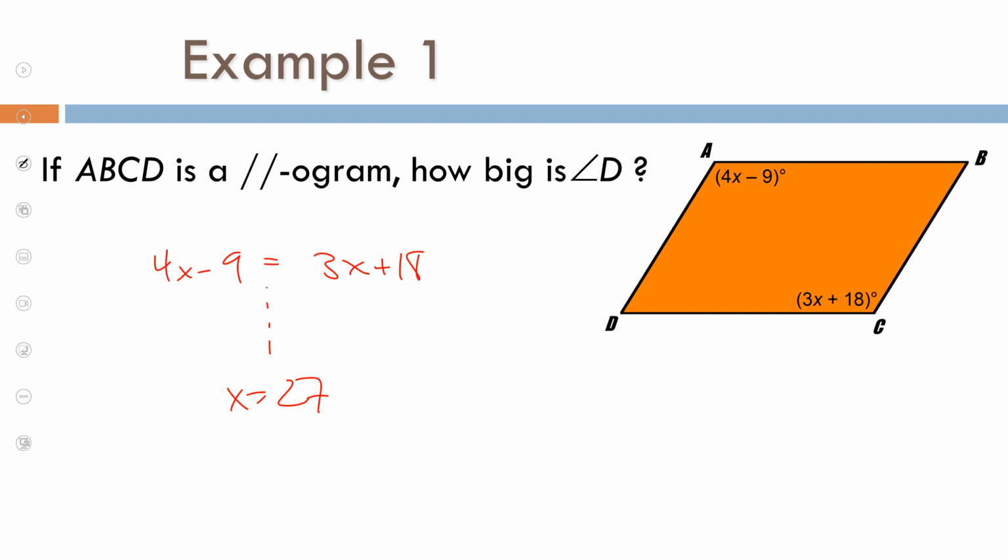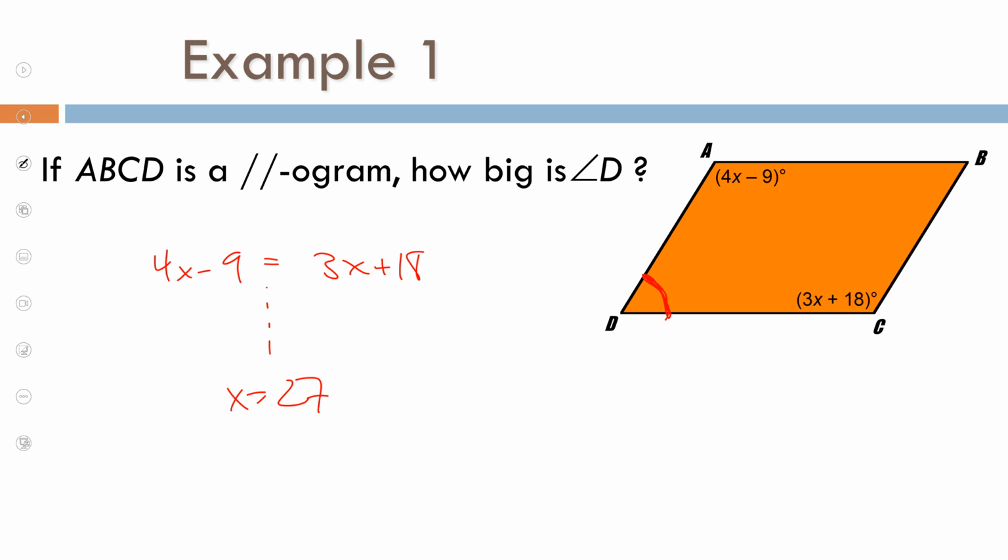So notice in this problem I'm asking you to solve for angle D. He got X being 27, but I need to solve for angle D. So, Michael, how do I find the measure of that angle? Because I don't have a measure for it. Would you like some help? Lily?